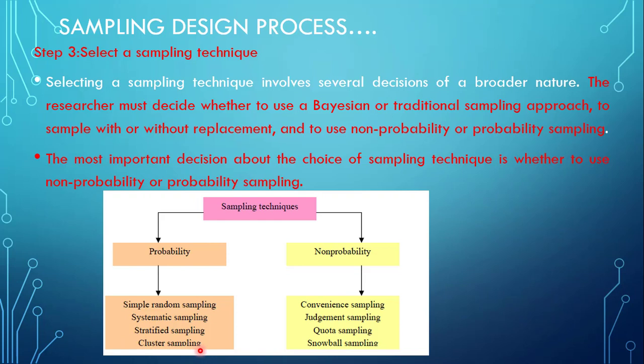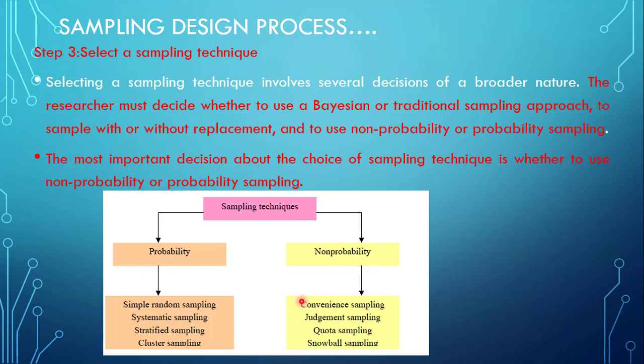If it is cluster sampling, then you are going to divide the population into clusters, but in here each cluster is heterogeneous, but compared between the two clusters it is homogeneous, and you are just going to pick one or more clusters. So that is the probability sampling.